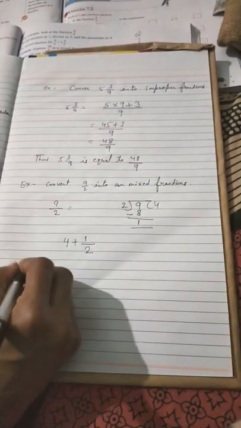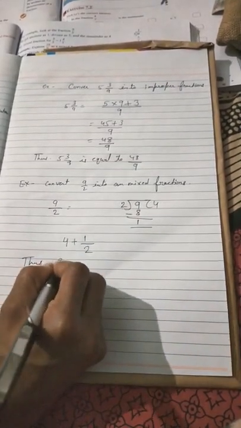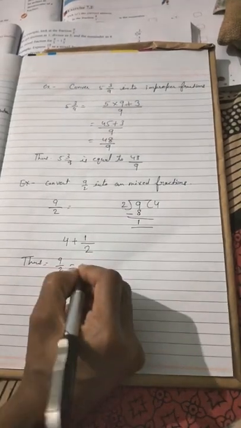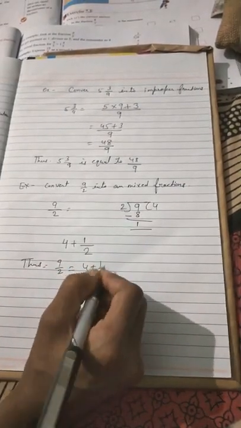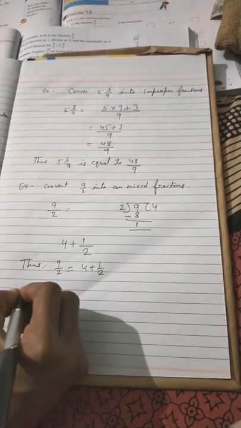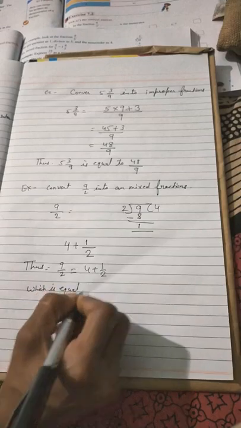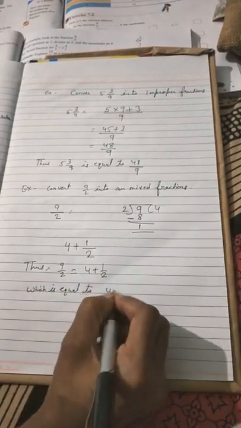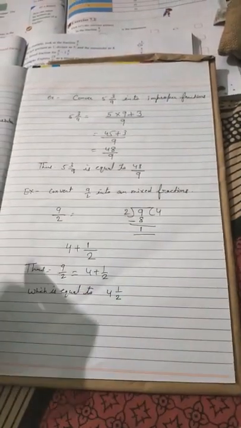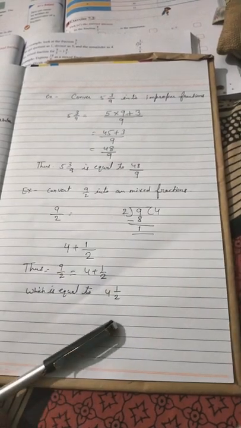So thus 9 upon 2 is equal to 4 plus 1 upon 2, which is equal to 4 1 by 2. This is called mixed fractions.